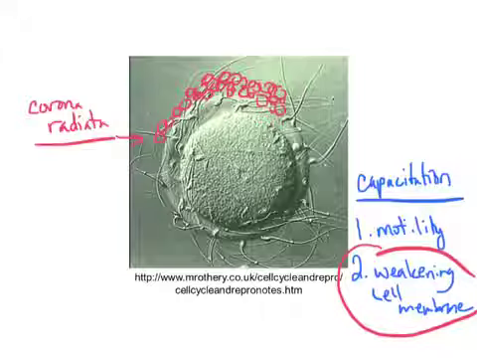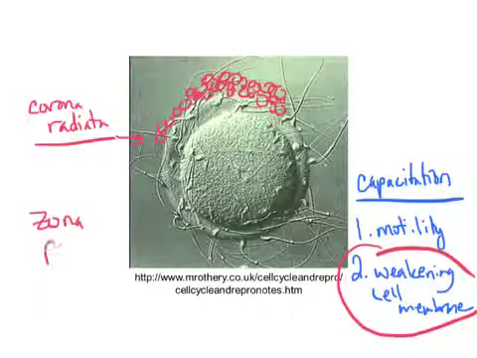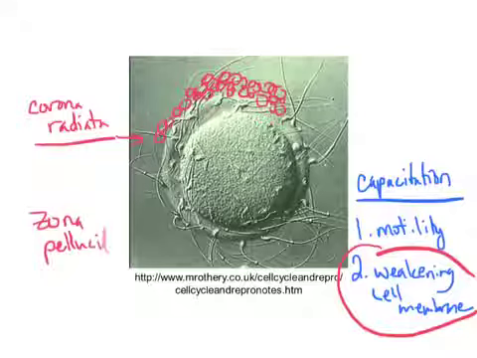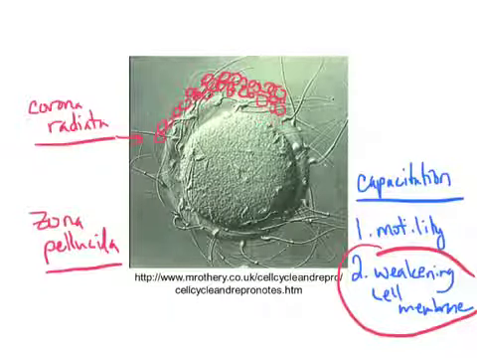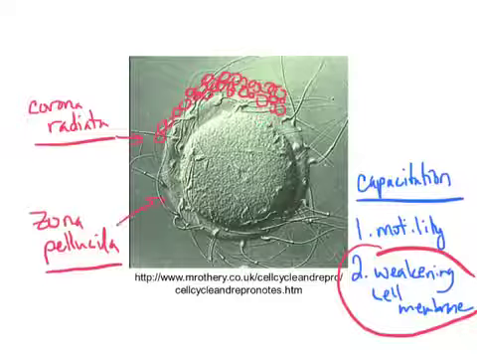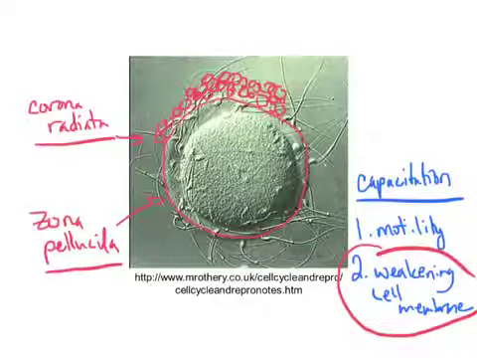The other structure that the spermatozoa need to penetrate is the zona pellucida. And the zona pellucida is this thick glycoprotein coat around the oocyte. If you're looking on here, this structure is the zona pellucida.